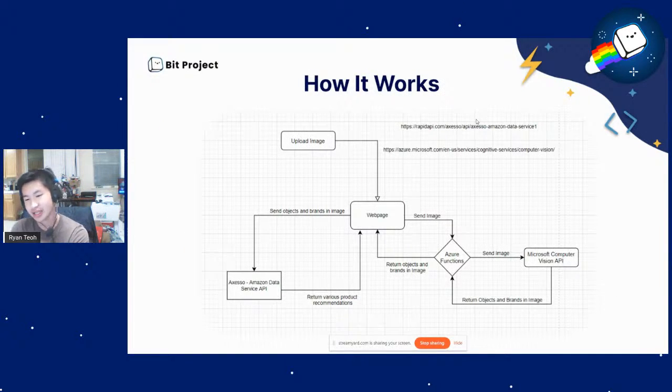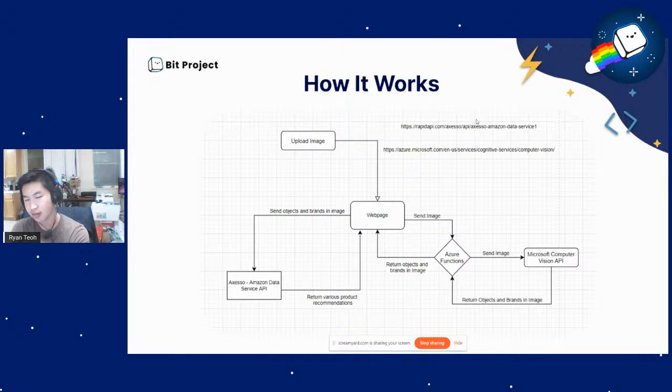So the way it works is you upload an image to the web page, and the web page will send the image to Azure Functions, which then sends the image to Microsoft's Computer Vision API, which is a machine learning API, which will scan the image and then return whatever objects and brands it found in the image.